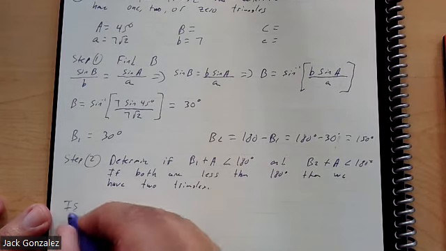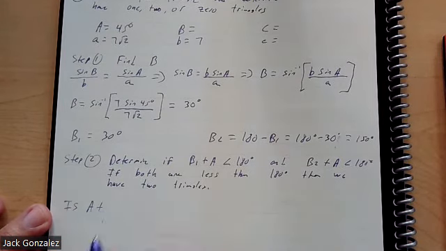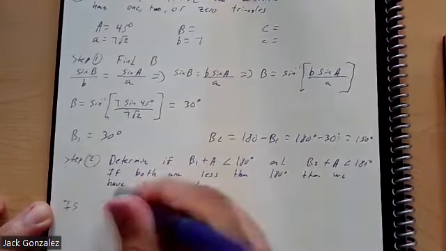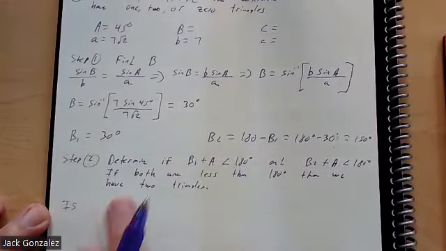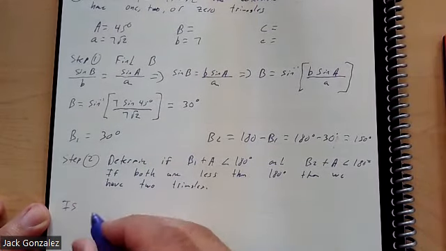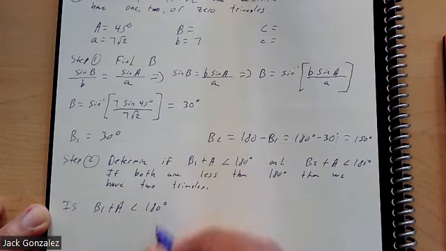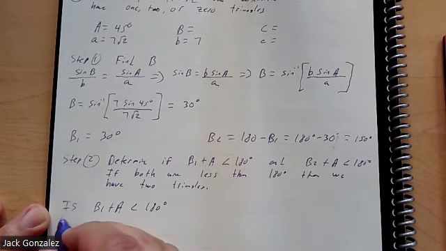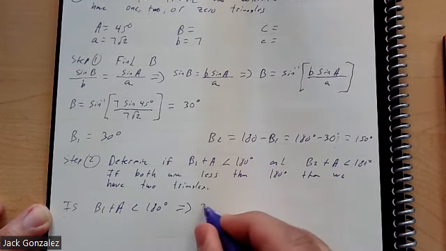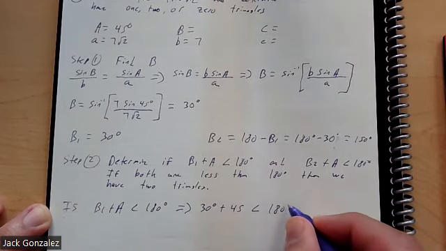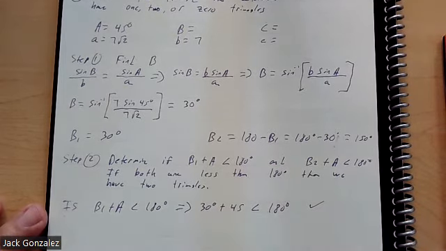So is A plus B1, let me write it the same way I did before. So is B1 plus A less than 180. Well, that would be 30 plus 45. And that is indeed less than 180, right? We're good.